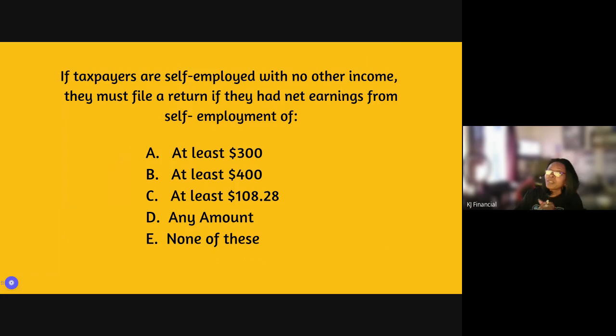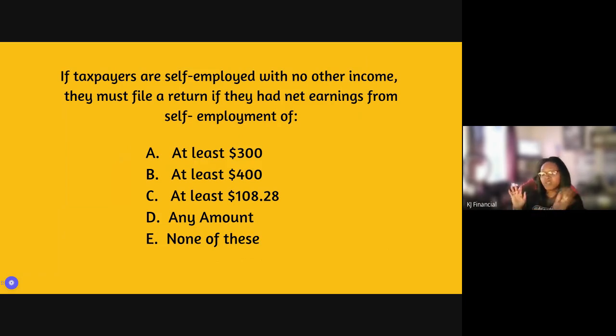All right. If taxpayers are self-employed with no other income, they must file a return if they had net earnings from self-employment of: A, at least $300; B, at least $400; C, at least $108.28; D, any amount; or E, none of these. Which one do y'all think it is?